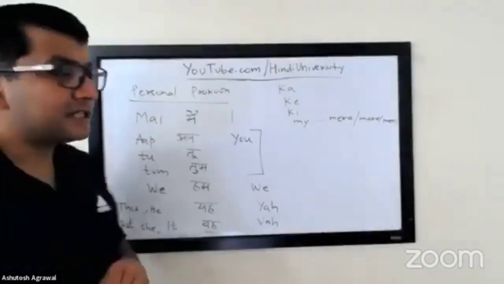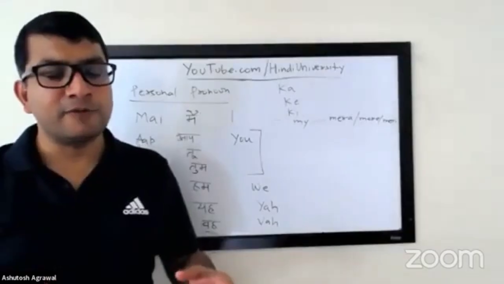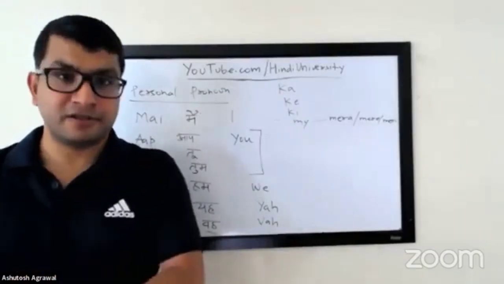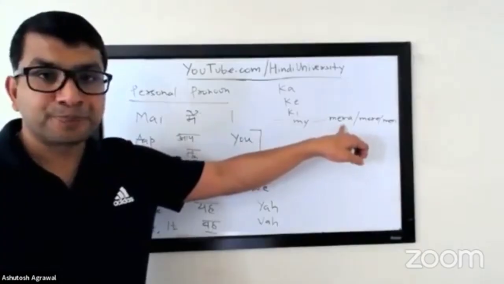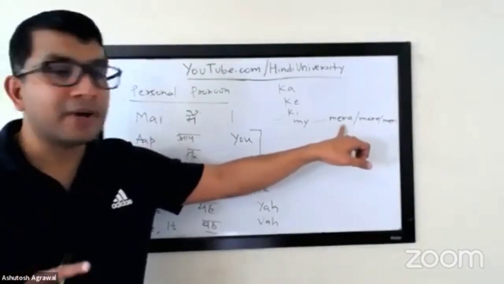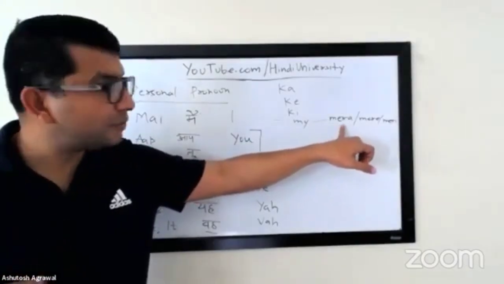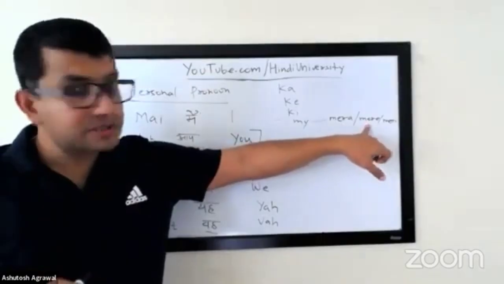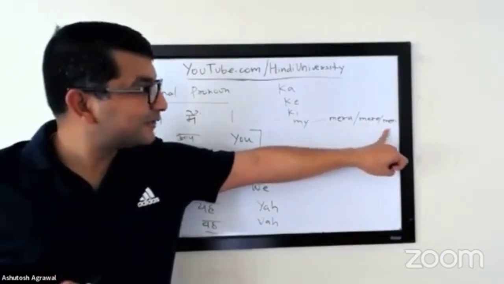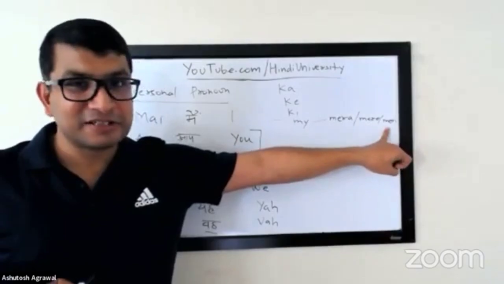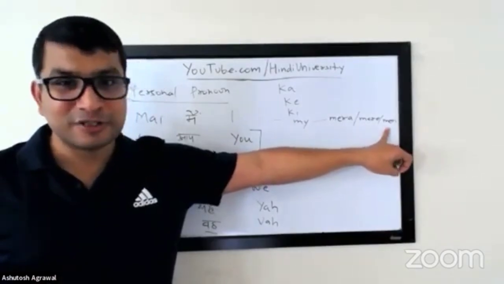Just like in the previous class, when we talk about what is being possessed or related, if it is masculine singular, you will use mera. So if it is one brother, mera bhai, masculine singular. Multiple brothers, mere bhai. One sister, meri sister, multiple sisters, meri sisters.